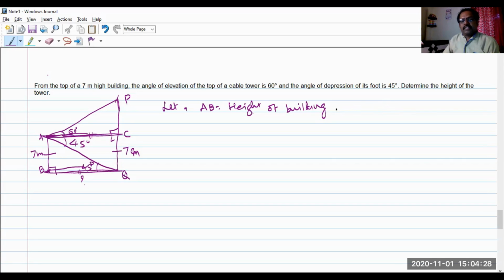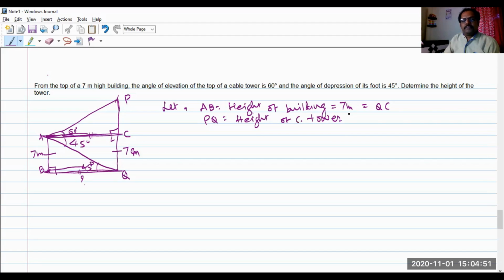Here it is given as 7 meters, so I can write that it is the same as QC. QC and AB are both equal. Also, we can consider PQ as the height of the tower. It is a cable tower.